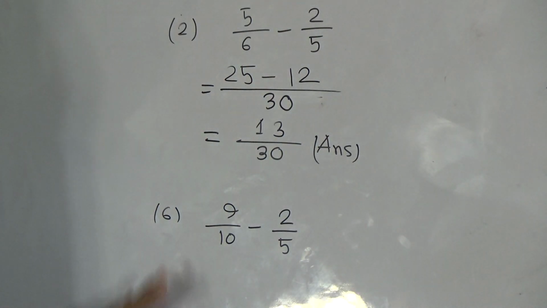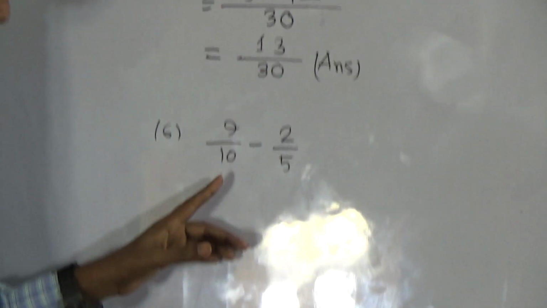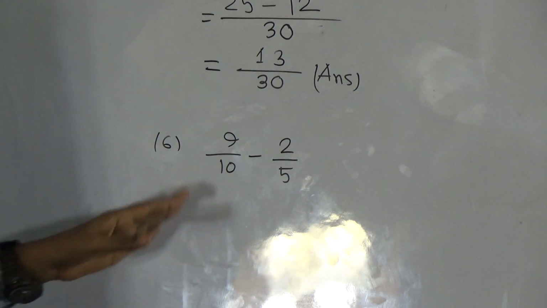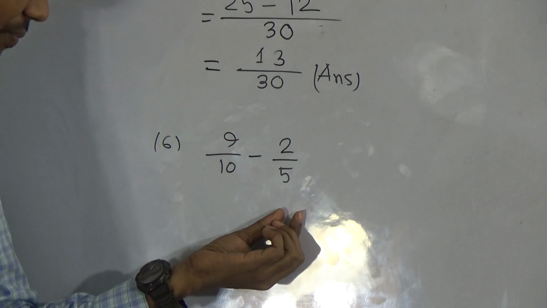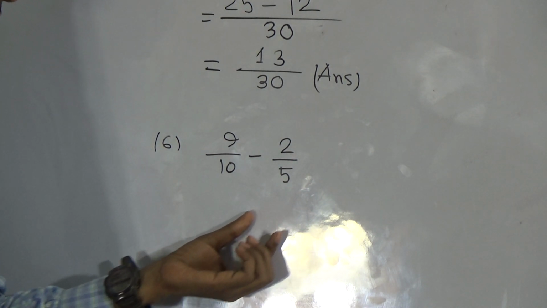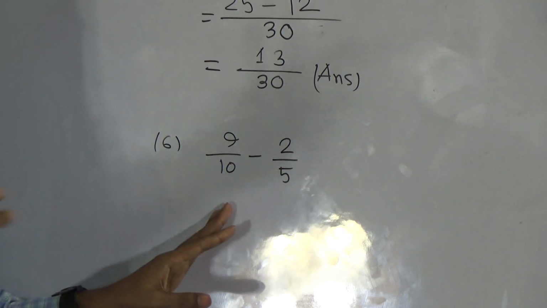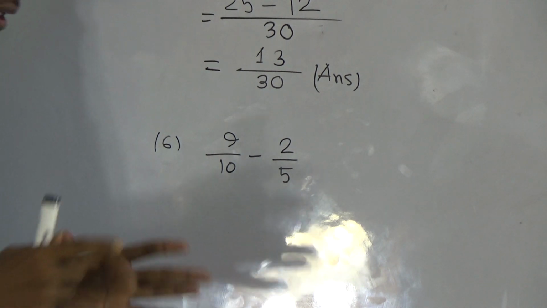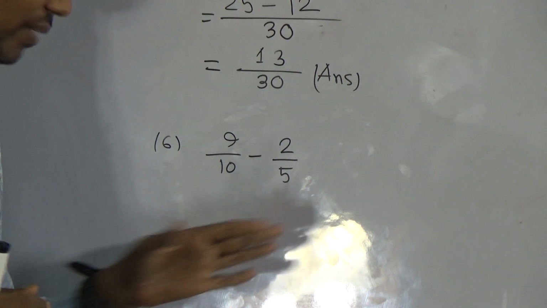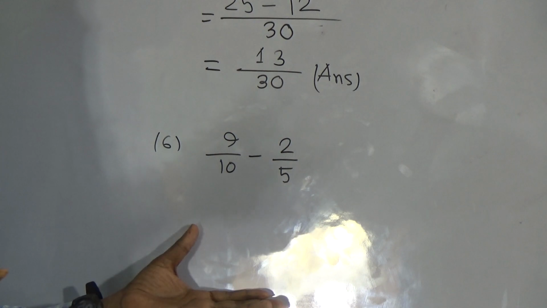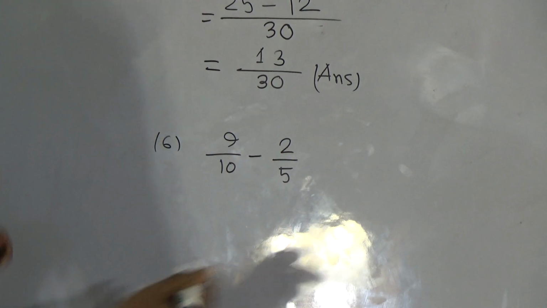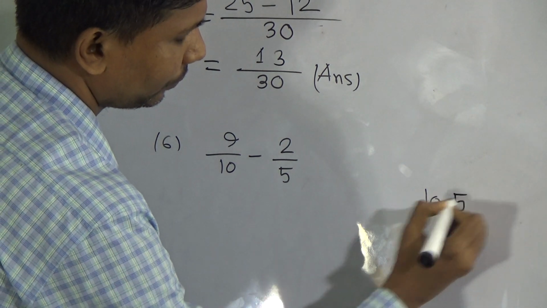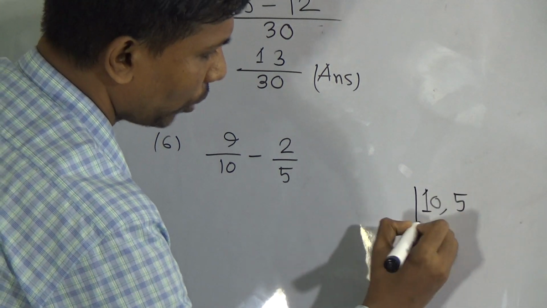Now see question number 6. 9 by 10 minus 2 by 5. Okay student, you see between 10 and 5 the common factors are 1 and 5, but we don't consider 1.